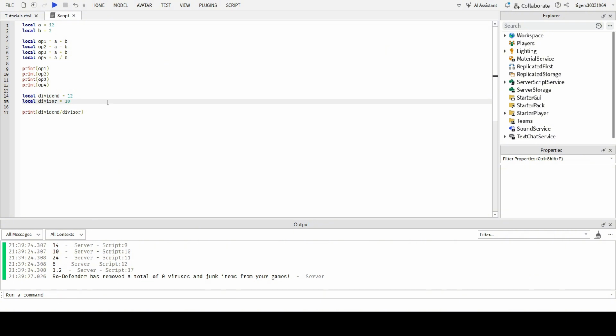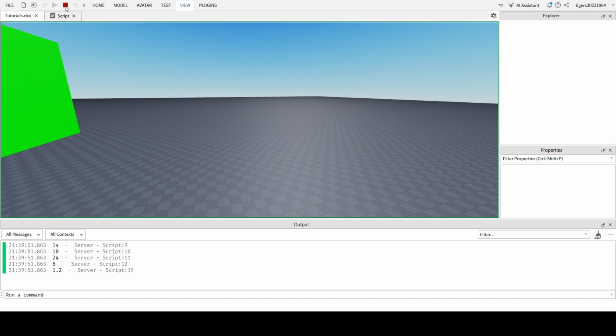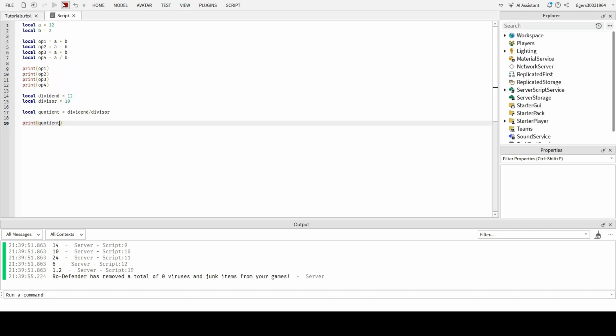The result of division is called the quotient, so local quotient equals dividend over divisor, because this is still just standard division. So print quotient and 1.2, because 12 over 10 is 1.2.